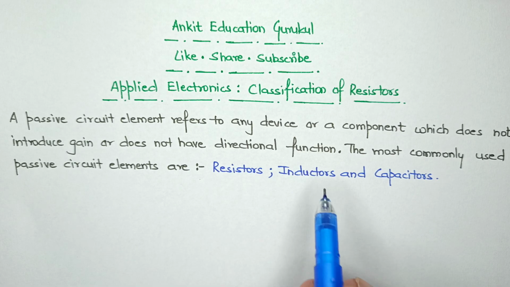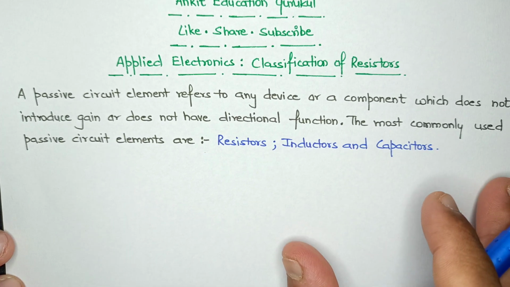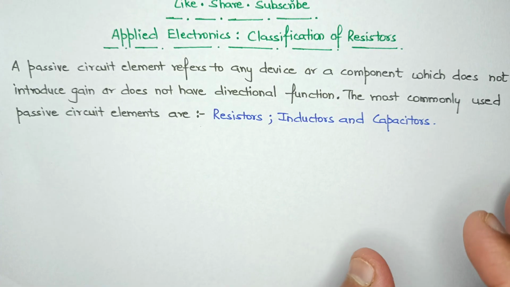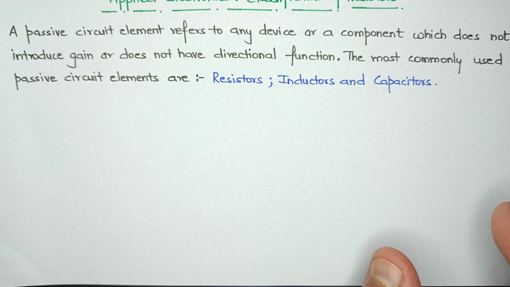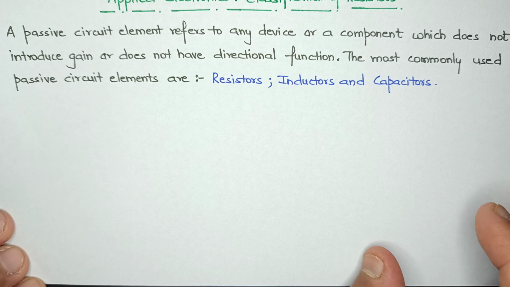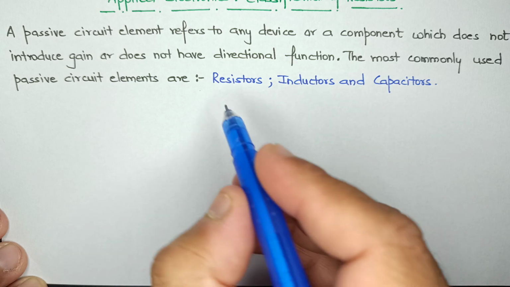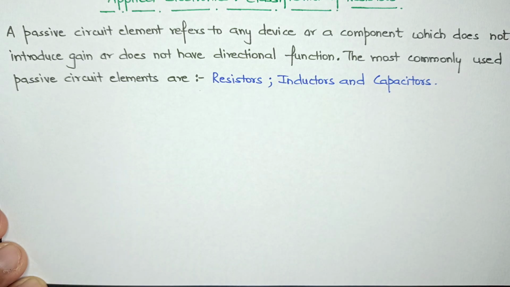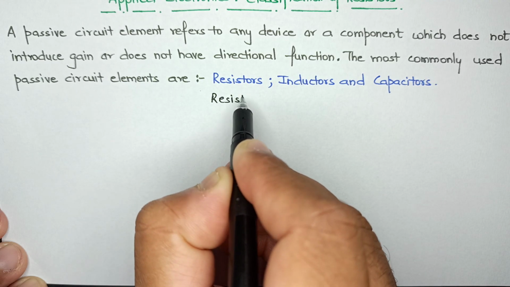Now let us begin the classification of the resistors. For that, I'm going to draw a very simple diagram that represents the nature of the resistors. Let us write the term resistor here first. Let us say we want to classify resistors.